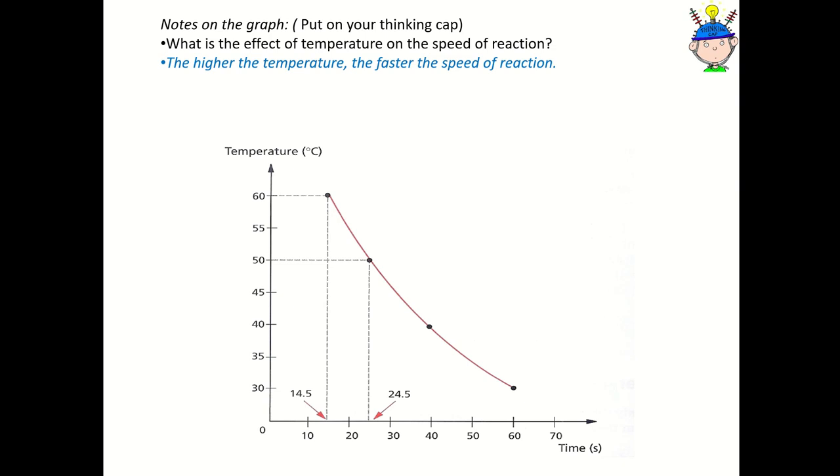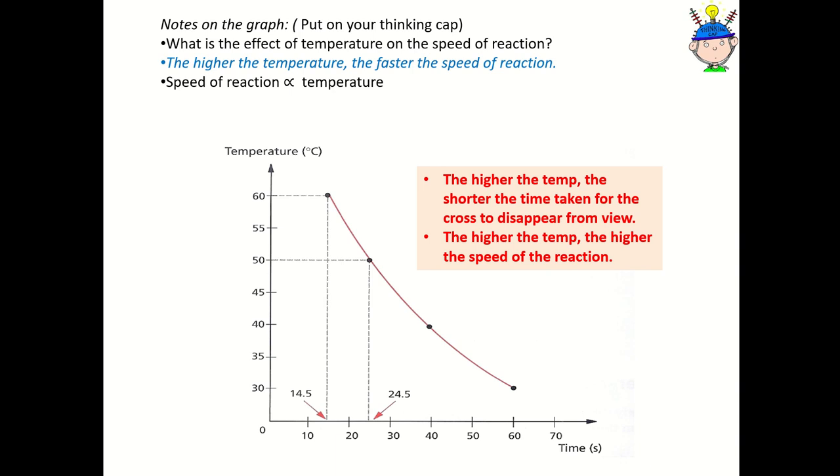Because the higher the temperature, the faster the reaction rate. So temperature is really a key factor that will speed up reaction. So the higher the temperature, the shorter the time taken for the cross to disappear from view, and hence we can conclude the higher the speed of reaction.